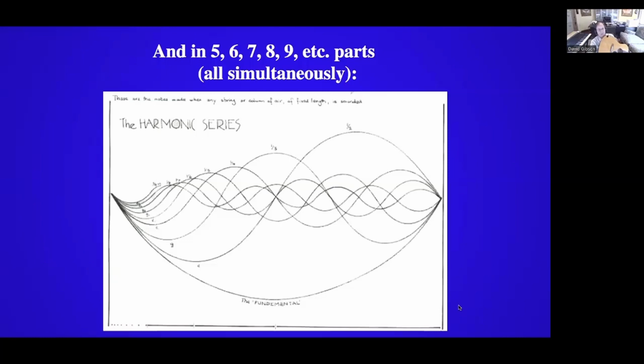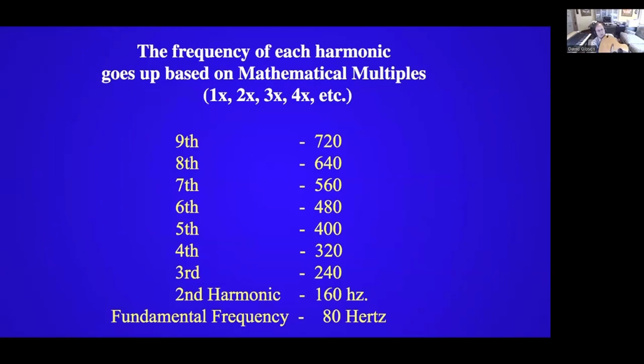If the root is 80 hertz, it goes 1 times, 2 times, 3 times, up through 8 times: 80, 160, 240, 320, 400, 480, 560, 640, 720. Just multiplying 80 by 1, 2, 3, and so on.